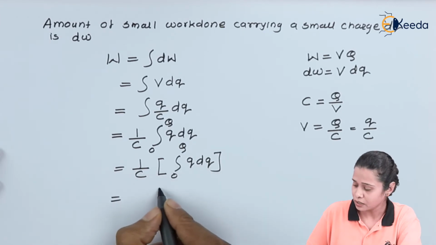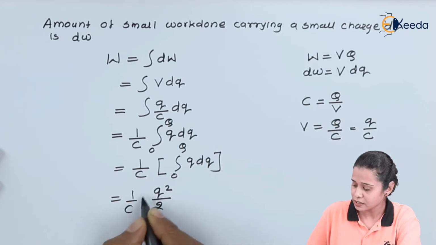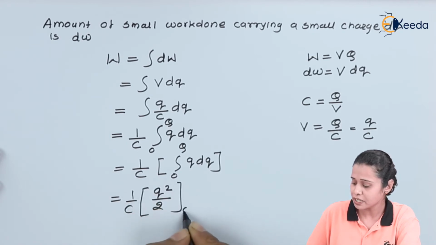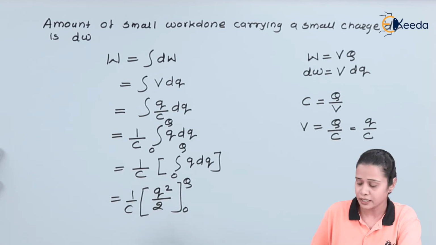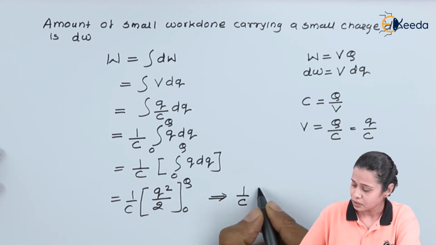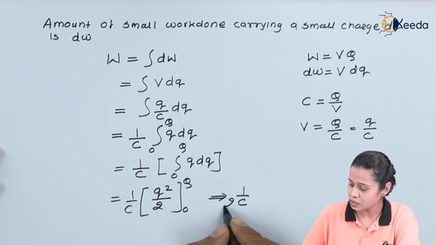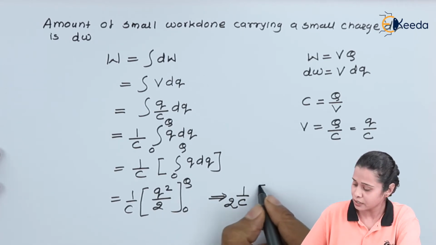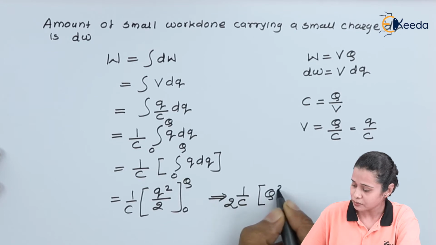Hence, we have Q square by 2. 1 by C is a constant, and 2 is again a constant, so these will come out. Then here we have Q square.